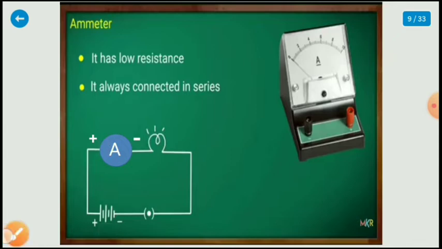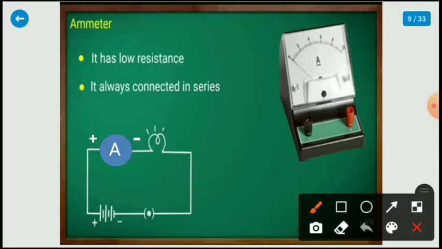Next, the negative terminal is connected to the bulb, and the other terminal of the bulb is connected to the key, and the key is connected to the negative terminal of the battery. So it is a closed circuit with the ammeter connected to measure the current flowing in the circuit.